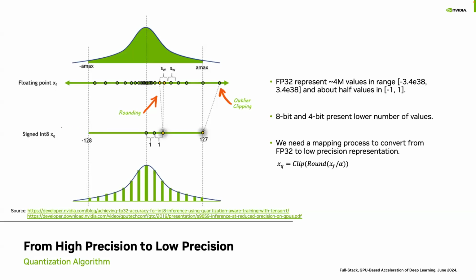To quantize the model from high precision to low precision, because low precision can represent a much lower number of values, we need to map the values from high precision to low precision. So we need a mapping process as we show here.